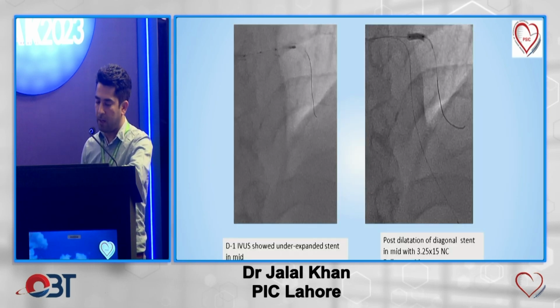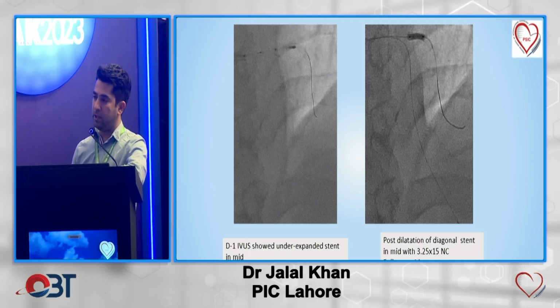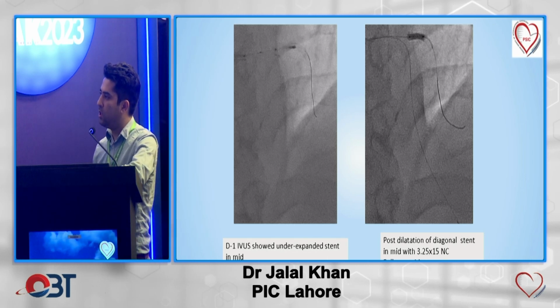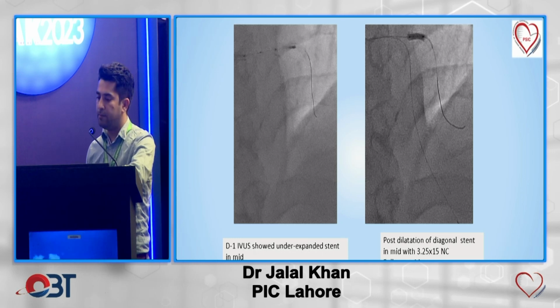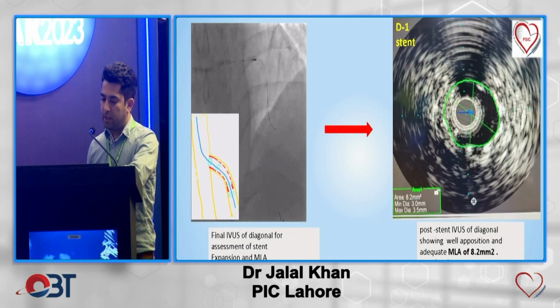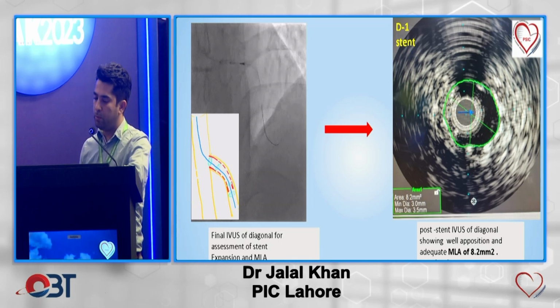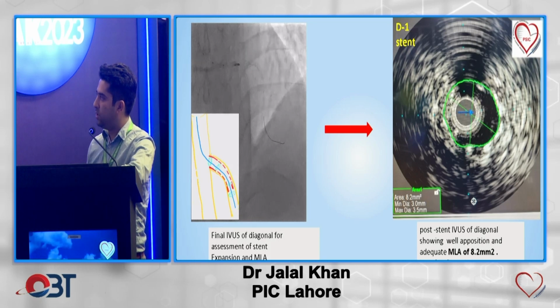Here we again did IVUS of the diagonal to know if there was any under-expansion or dissection, but there was an under-expanded stent, for which we used a 3.25x15 NC balloon and post-dilated the stent again. The final IVUS of the diagonal showed a mean luminal area of 8.2 millimeter square, and it was successfully done.